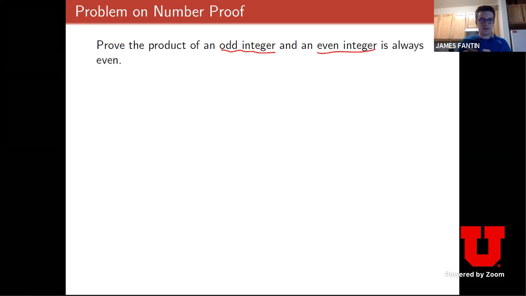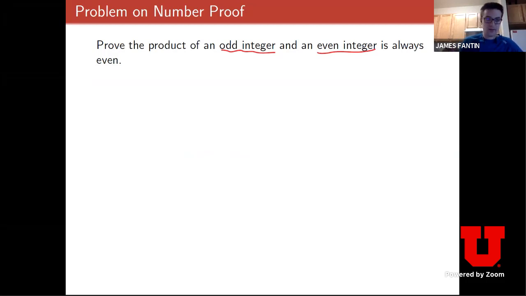Cool. So hopefully that was enough time to get a little start. Let's figure out how we could start proving this statement. The first thing is we need to introduce some kind of variable to represent this odd integer and this even integer. So let's give each of those a name.